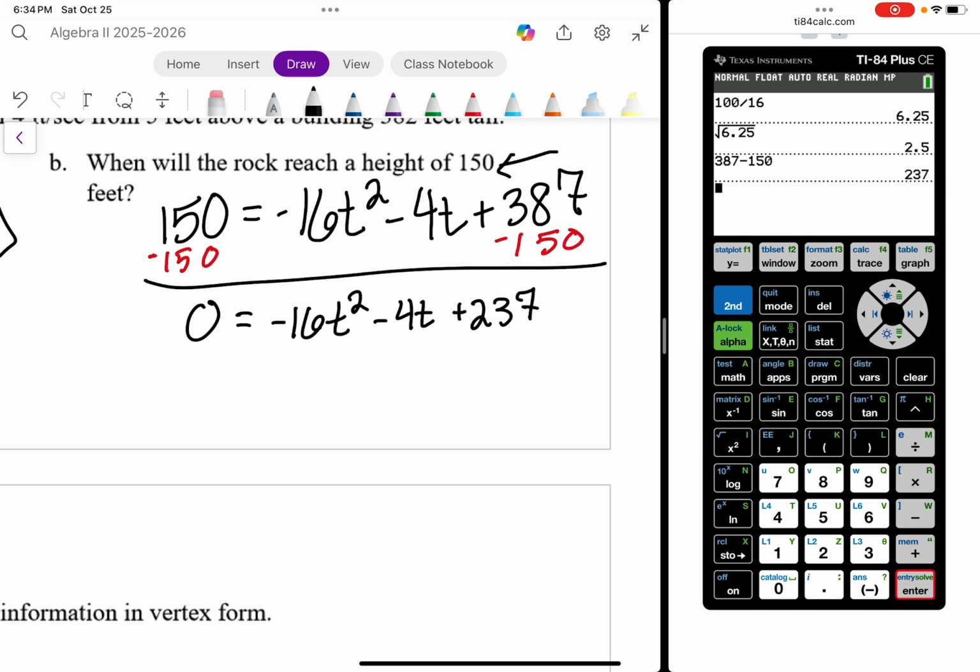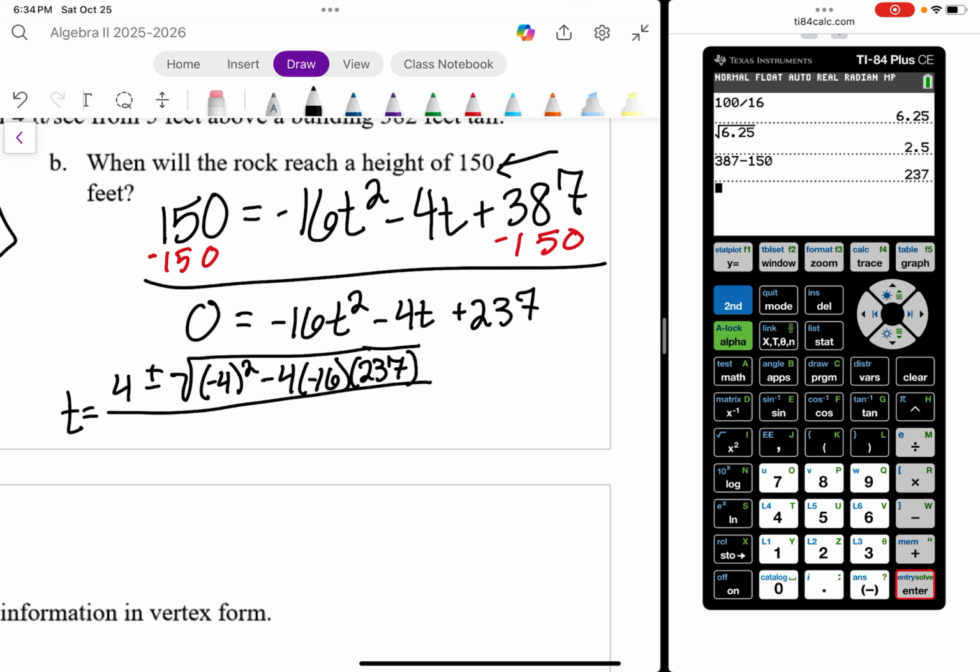Now we're going to use the quadratic formula. So t is going to be negative b, so 4, plus or minus the square root of negative 4 squared minus 4 times a times c, all over 2 times a. I'm going to figure out what's under that square root first.